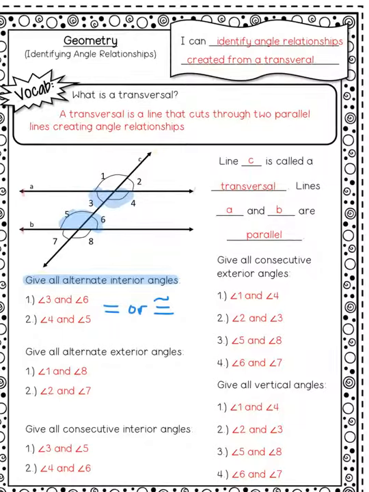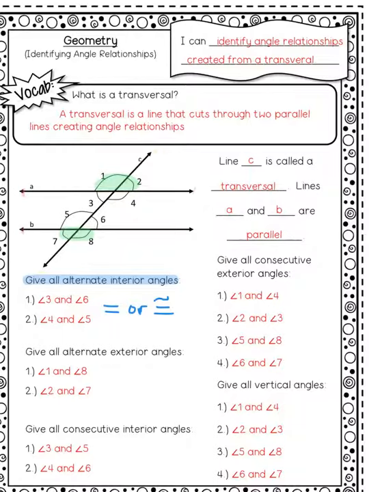Okay, next we're going to look at the alternating exterior angles. So let me erase my highlighting, and let me highlight for you the exterior angles. I'm going to do those in green. So angles 1 and 2 are exterior, and 7 and 8 are exterior.